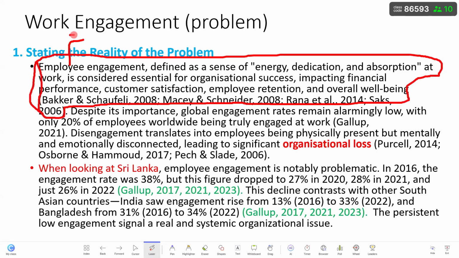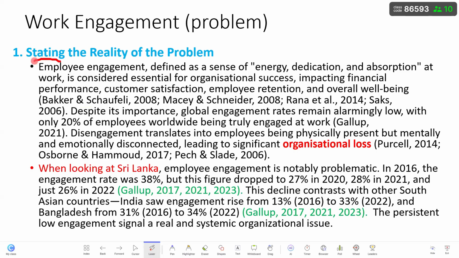That can be mentioned in the background section of your dissertation if you want. But since I'm referring only to the problem, I included this statement here. Originally, this must be placed in the background section, right? So this is the basic background for work engagement.